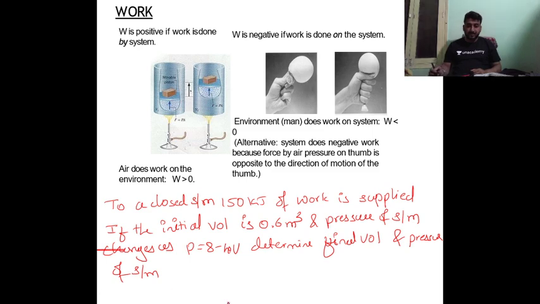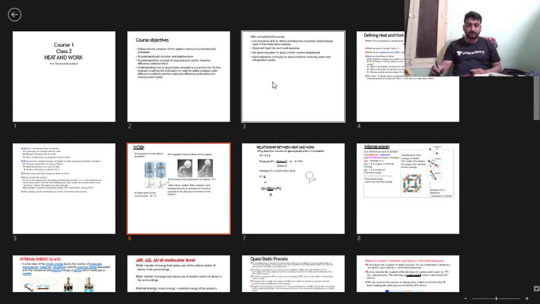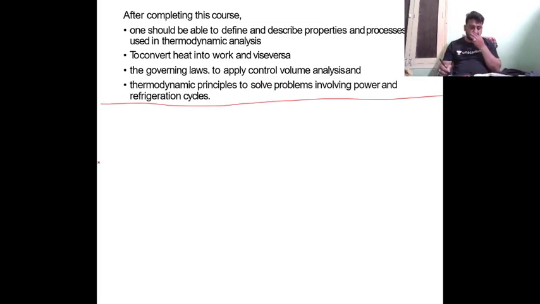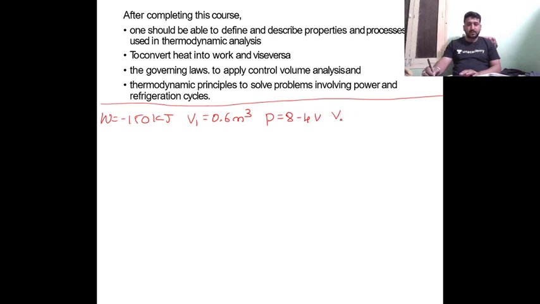Okay, so let's start to solve this problem. They have given that W is equal to minus 150 kilojoules, V1 equal to 0.6 meter cube, and P is equal to 8 minus 4V. V2 equal to question mark and P2 equal to question mark.